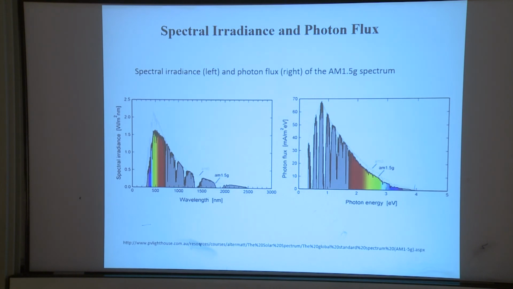C over lambda. C is the speed of light, the velocity of light. So it's very easy to convert between these two variables. So we'll be able to convert this diagram to this diagram without problem.